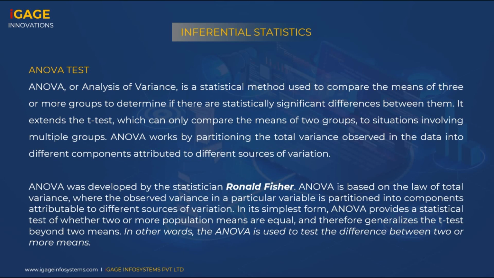Based on the Fisher score, we decide whether there is a significant difference between the means of the groups or populations. It is with the help of the Fisher score that we need to decide.